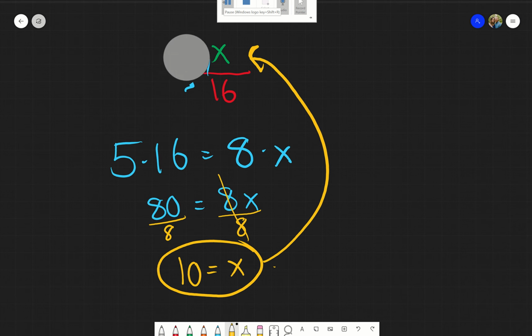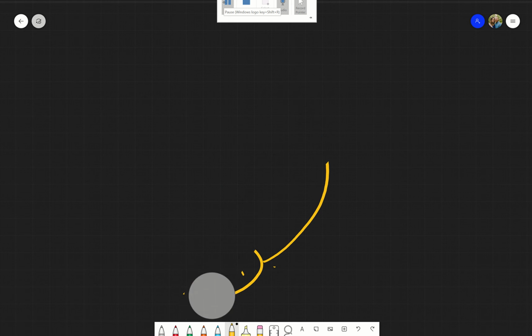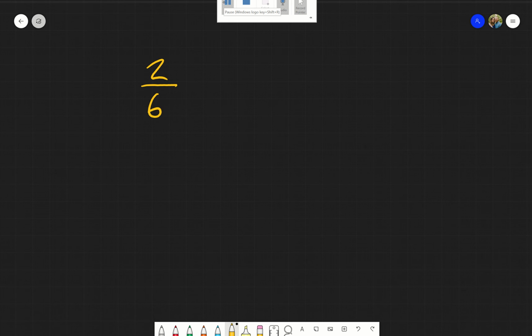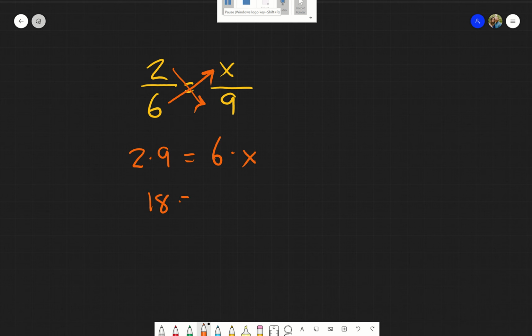All right, well, what if we had something like 2/6 equals some amount of ninths? Let's do the same thing. We're going to cross multiply. 2 times 9 equals 6 times x. 2 times 9 is 18. 6 times x is 6x.